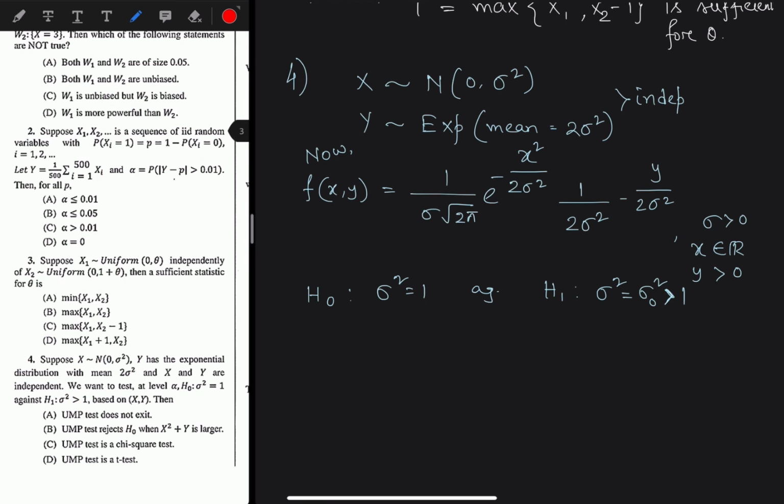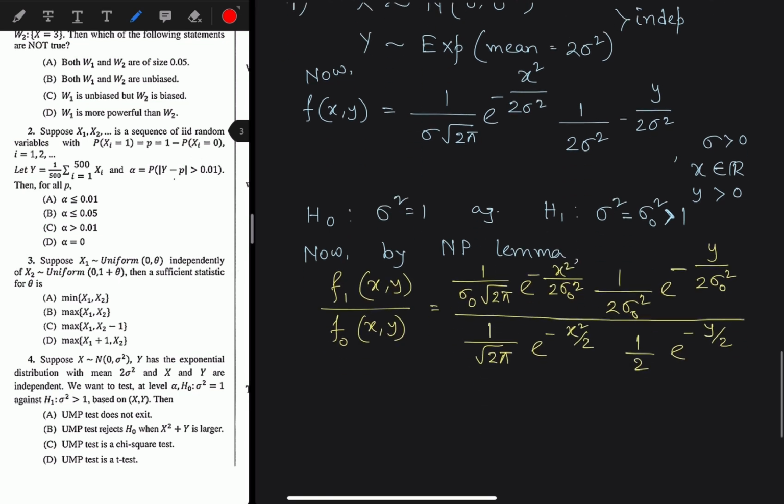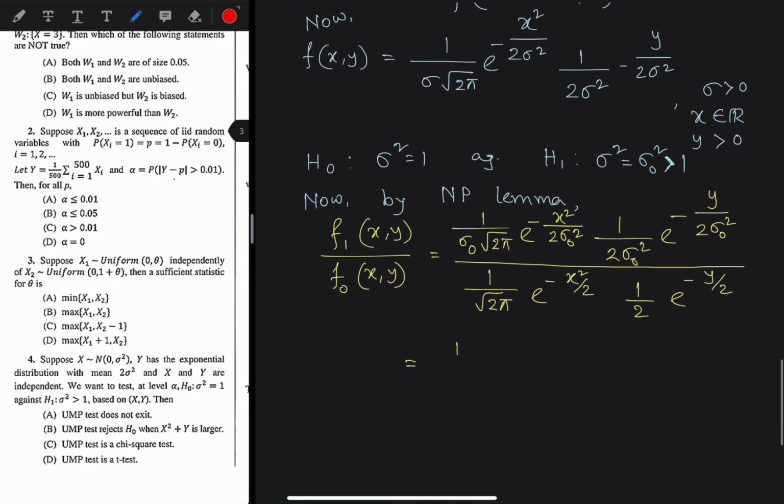Now by the NP lemma, if we just simplify this, 1 by sigma naught cube e to the power minus (x square plus y), if we take x square plus y as common, divided by 2, then we will get 1 by sigma naught square minus 1.